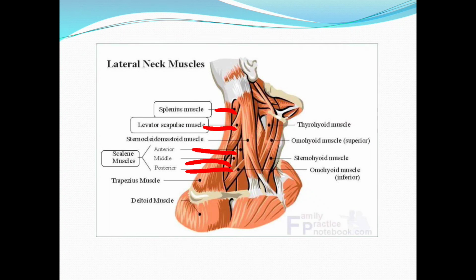So these are the muscles forming the floor of the posterior triangle. When we give an incision between the trapezius and the sternocleidomastoid at the top, at the apex point here, then we will be able to see the semispinalis capitis also. Okay.